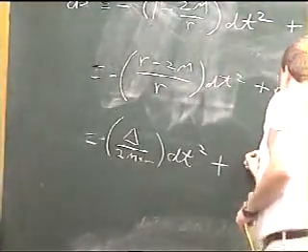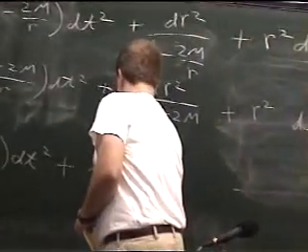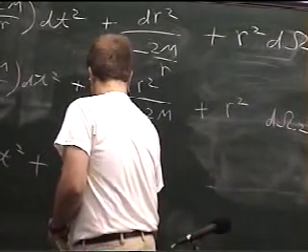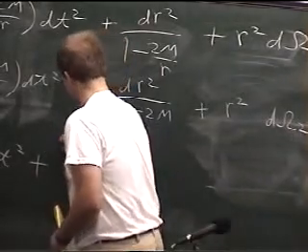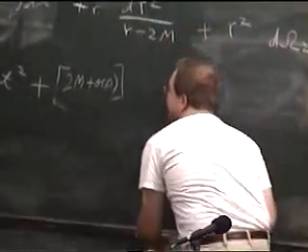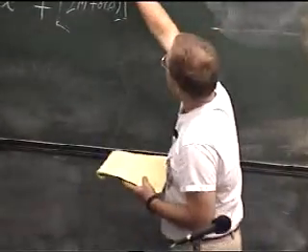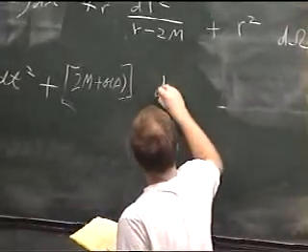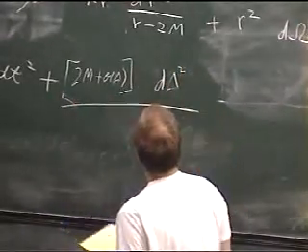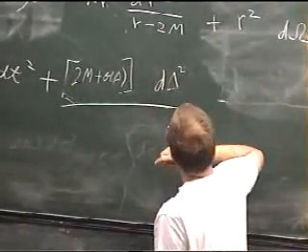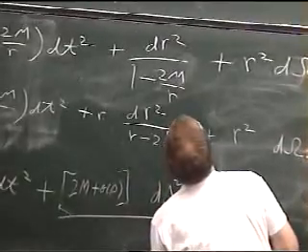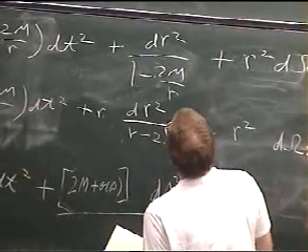This r is 2m plus order of delta. Okay, that's that r. dr was d delta, so I have d delta squared.